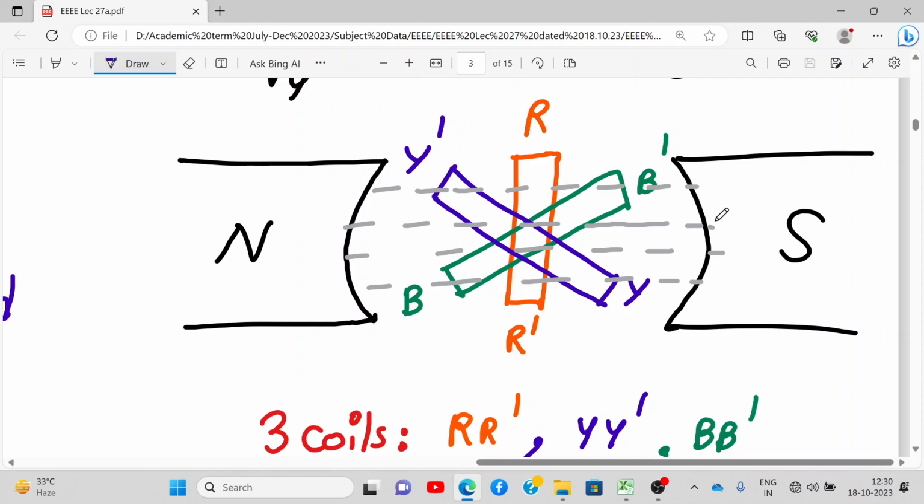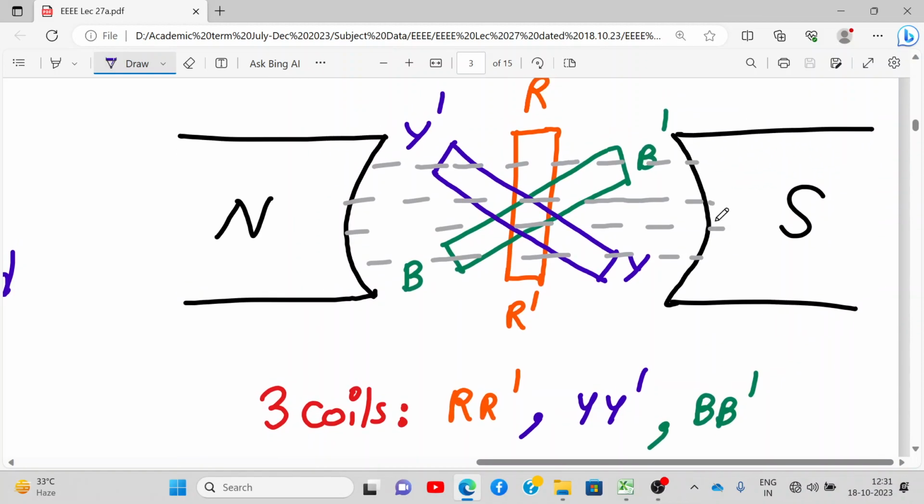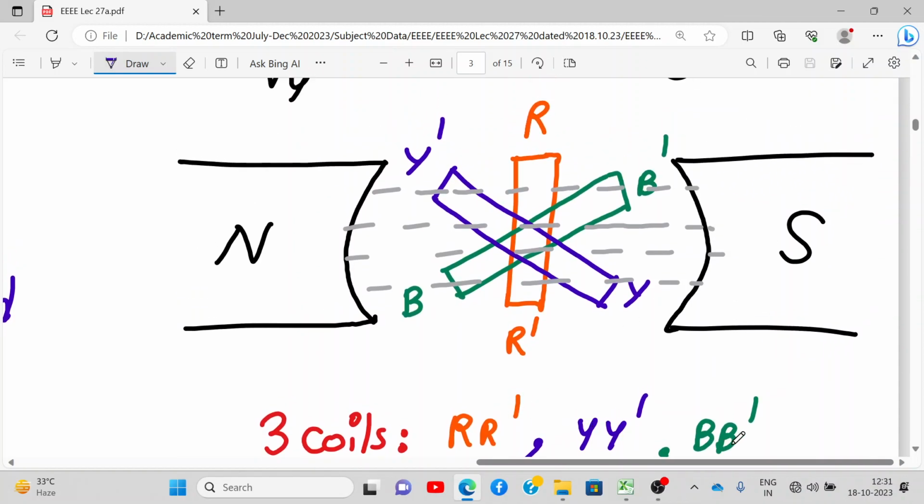Here instead of one there are three coils, R dash, Y dash, and B dash. We are not explaining the generation, but the three coils are R dash, Y dash, and B dash. The concept is same. Whenever one of these coils is coinciding with the magnetic lines of flux, phase difference is zero.